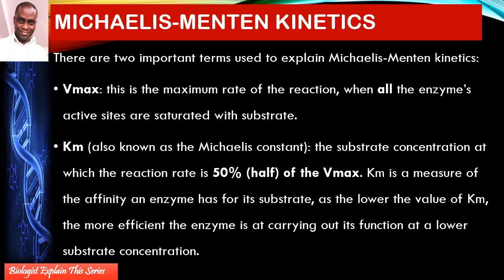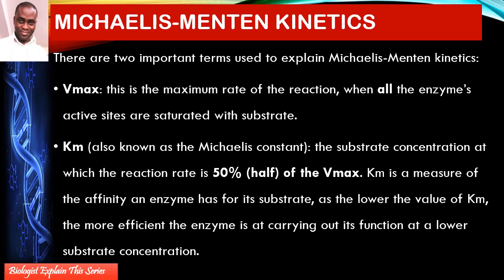As the substrate increases, there are more collisions of the substrate with themselves and with the R groups in the active site, and ES complexes are formed, and the products are formed as a result. So you get to a point where the enzyme is working at the maximum possible rate, that point where the graph plateaus and levels off and becomes parallel to the x-axis. That maximum is what we refer to as the Vmax. It indicates that all the active sites have become saturated with substrate. No more space for any more substrate molecules.